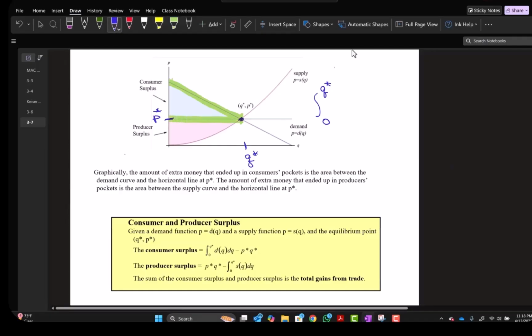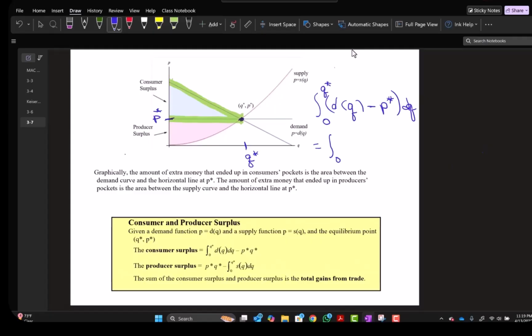D of Q minus the equilibrium price with respect to Q. If I simplify this, this is the same as the integral from 0 to the equilibrium quantity of D of Q with respect to Q minus P, which is just a constant. That's my equilibrium price. And if I integrate that with respect to Q, I would just get PQ. And I would use my equilibrium for both, which is where this formula is coming from.